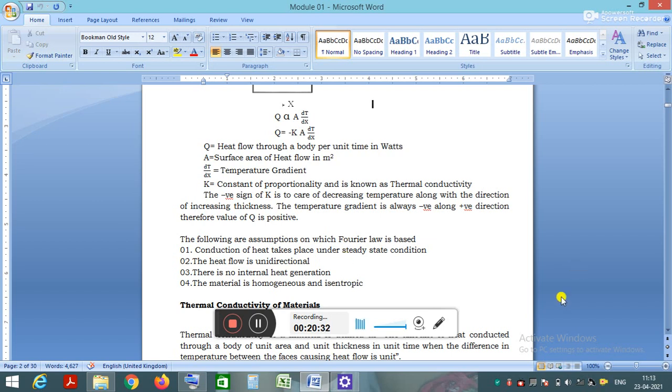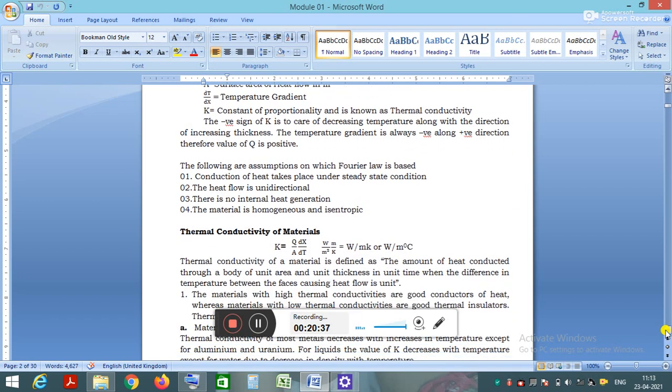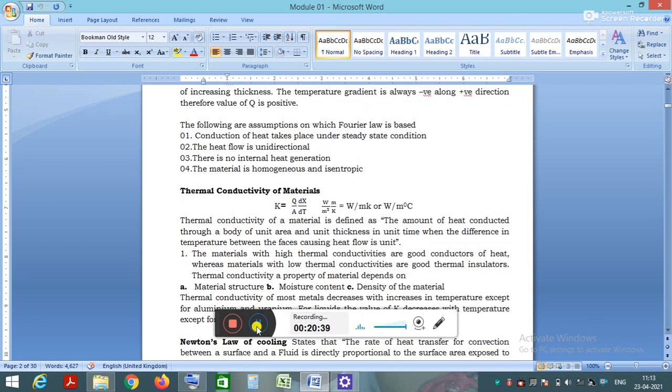Okay. The next concept is thermal conductivity of the material. From Fourier law, we have the equation Q equals K into A into dT by dx. Rearranging that equation, we get K equals Q by A into dx by dT, where K is the notation for the thermal conductivity of the material.